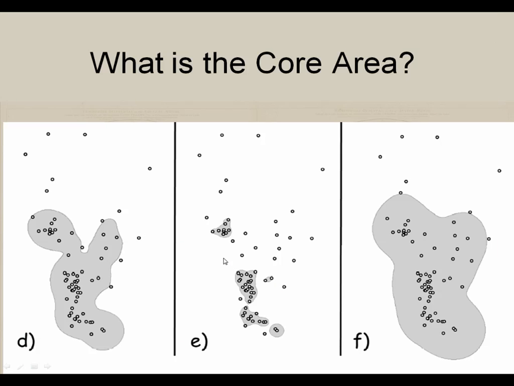Another thing that we want to talk about is core area or home range, and this is very commonly used with wildlife, where we're using sample points where we've collected information about a wolf or some animal, or sample locations from some GPS collars. And we're using that to estimate where the animal is most of the time, where their home range is. And there's different ways to do this.